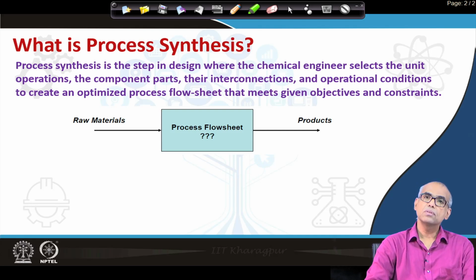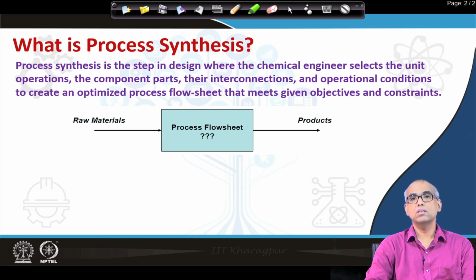The objectives will generally be associated with your target products, its production levels, etc. Constraints come in various ways. There will be constraints related to operations, and constraints related to environmental and safety requirements.